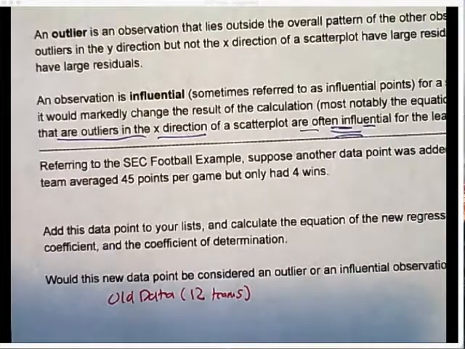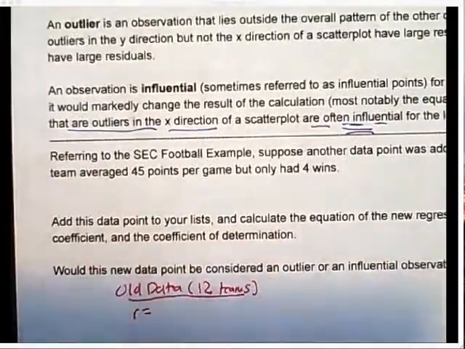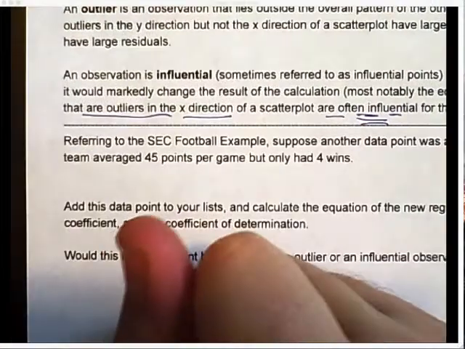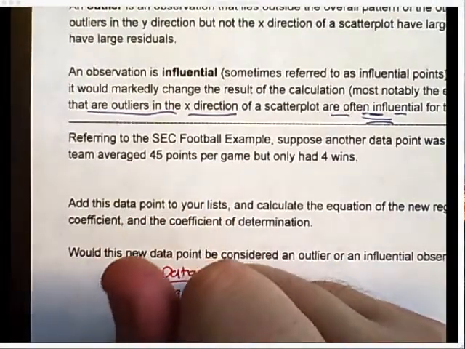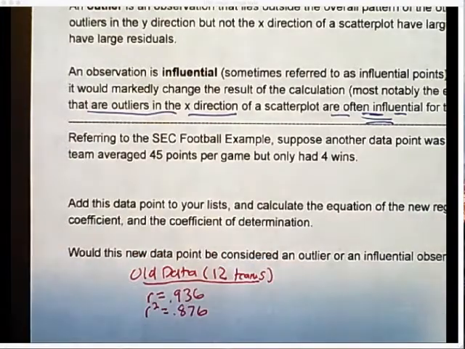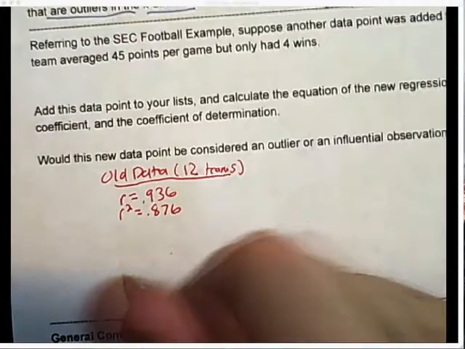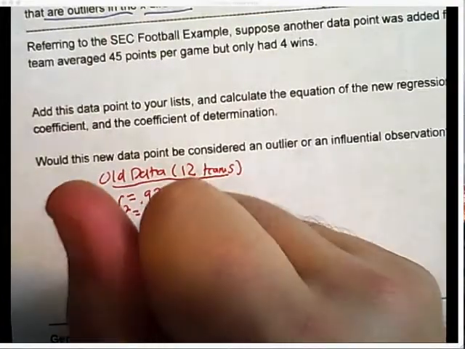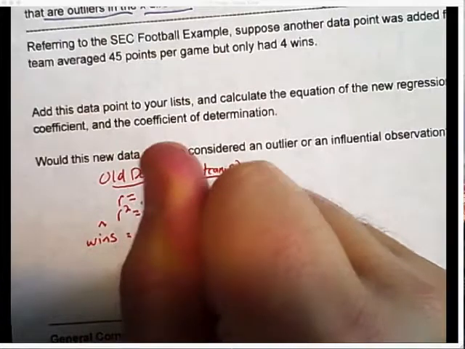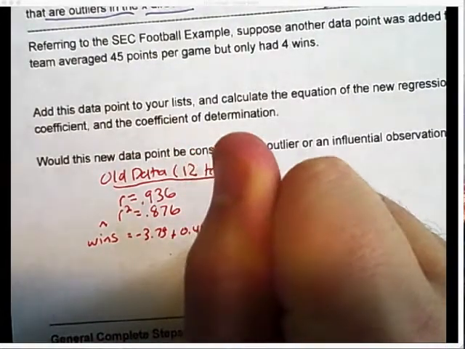We had the correlation coefficient R was 0.936, R squared was 0.876, and the equation of the regression line was wins equal negative 3.75 plus 0.44 points per game. That was the old data.